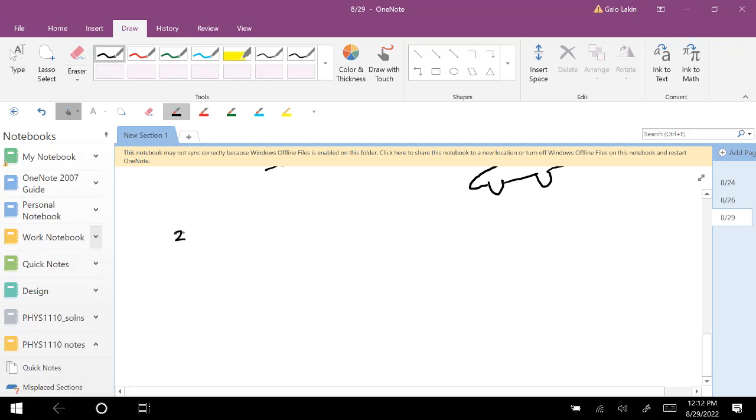Second, draw all loads that are applied to the chosen body by the outside world.